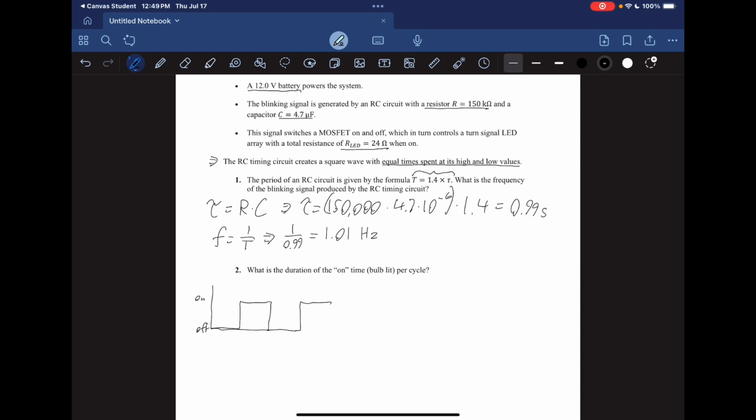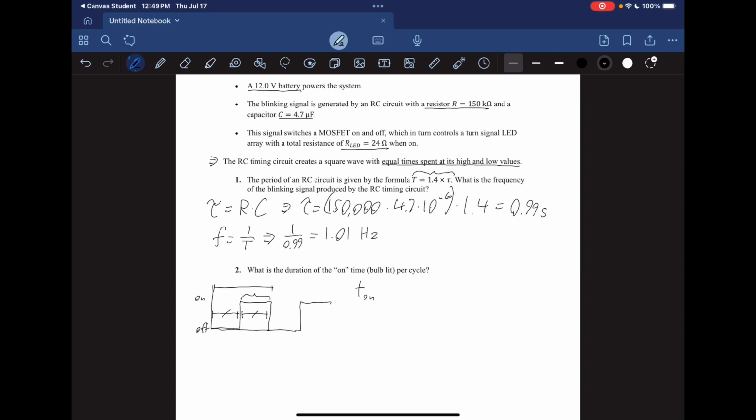And then one period is this amount of time here. So if the distance here is equal to the distance here, then we know that if we're interested in just the on time, it is the period divided by 2, since these are equal.